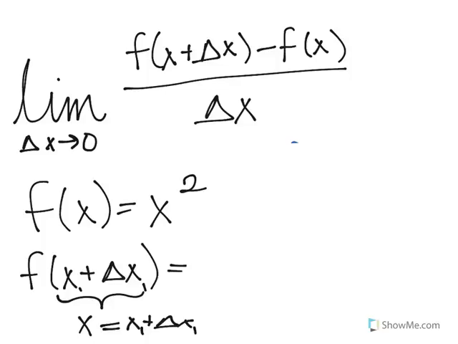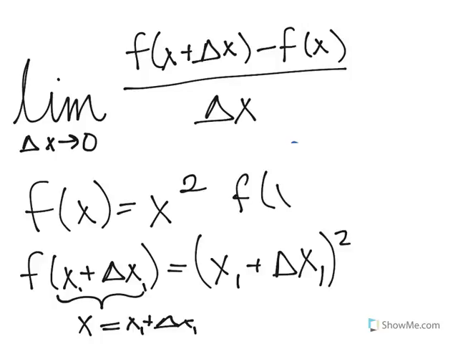So instead of having x squared, we have x1 plus delta x1, squared, and f of x1 is equal to x1 squared. And so delta x is just delta x1.